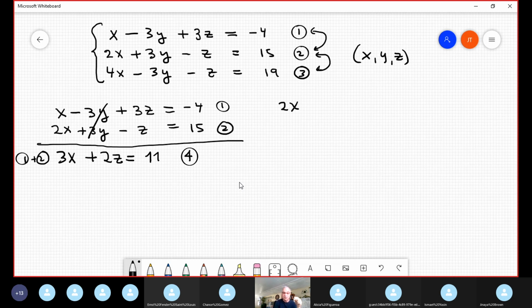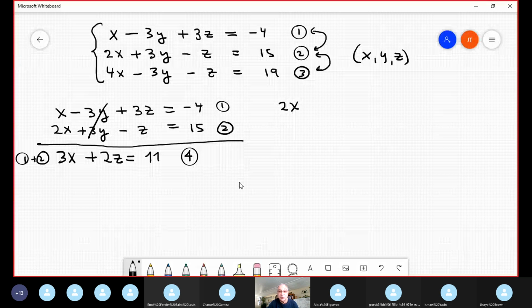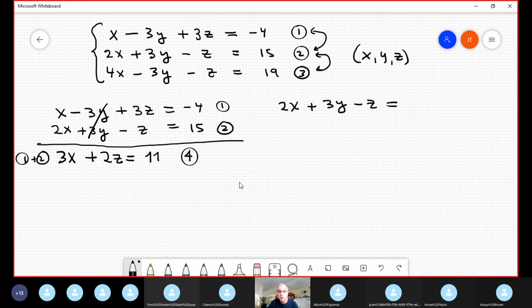If in the first couple of equations you eliminate y, when you select the second couple, you must eliminate y also. If you eliminate x, you are in big trouble because you don't eliminate the same variable. Okay, you need to, mandatory, eliminate the same variable. I copy equation 2 again. Look, because the pair, the couple of equations now is 2 and 3.